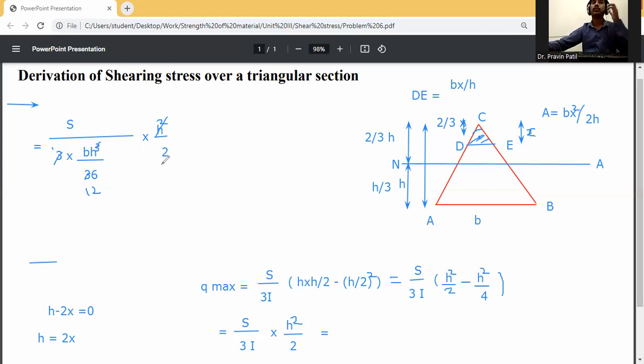Okay, then anything remaining here, H square by 2 minus H square by 4, sorry, this value. 1 by 2 minus 1 by 4.